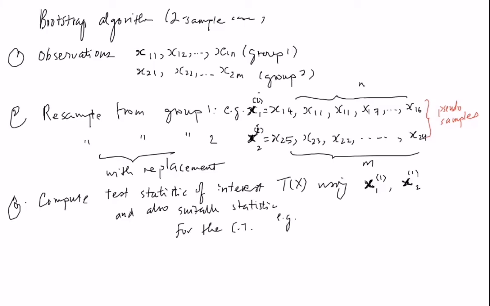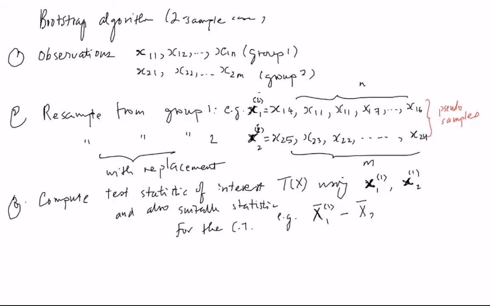For example, you could take the sample mean of group 1 using pseudo sample 1 minus the sample mean for group 2 using pseudo sample 2, okay, so it's I. Okay, so because this thing here estimates your mu1 minus mu2.